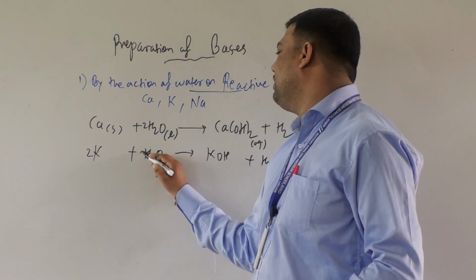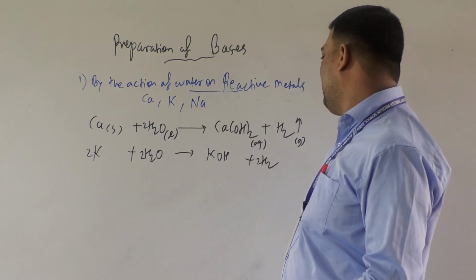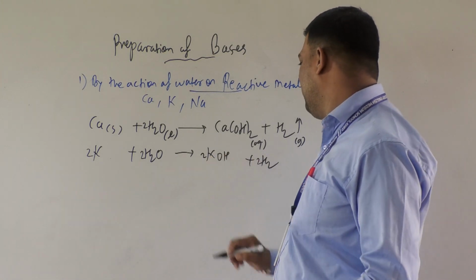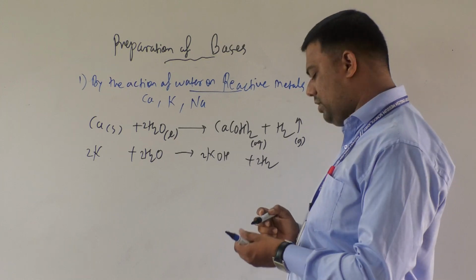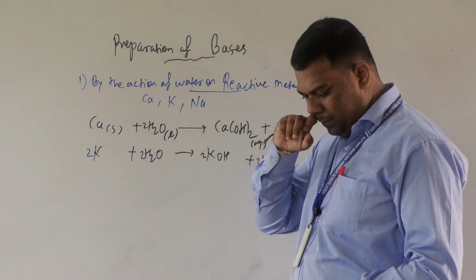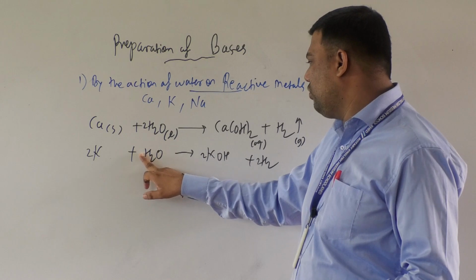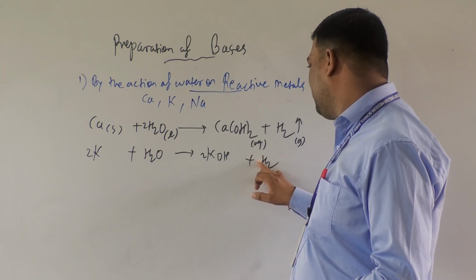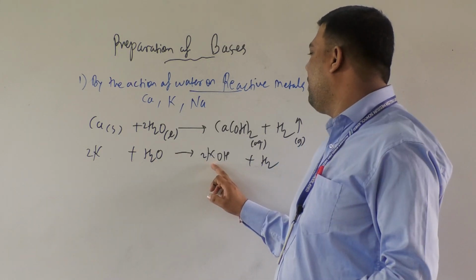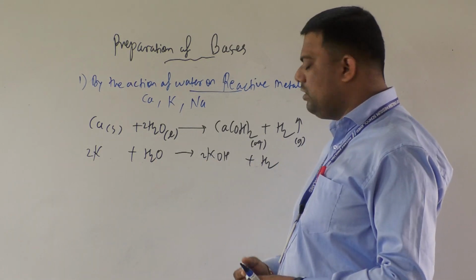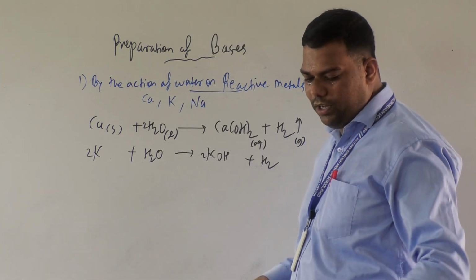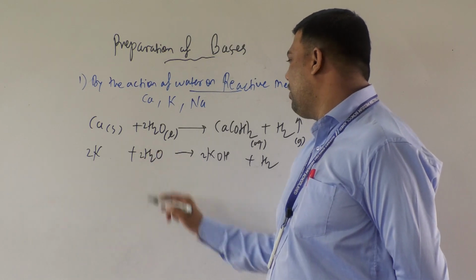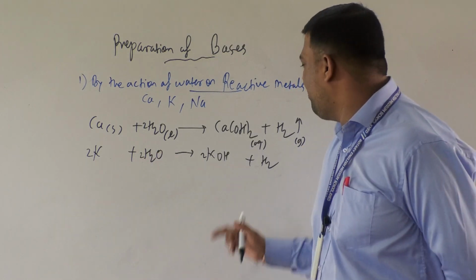For balancing, take 2K. Now, is our reaction balanced or not? 2K, 2 oxygens are there, 2 hydrogens, 4 hydrogens, yes, 4 hydrogens now complete.